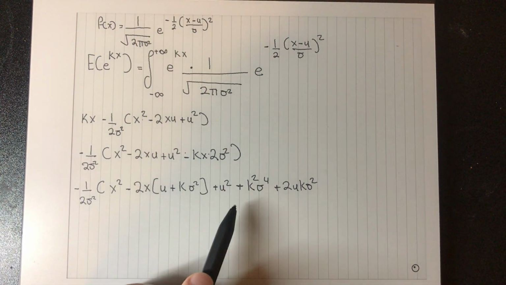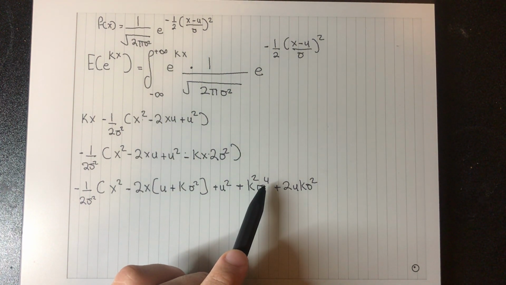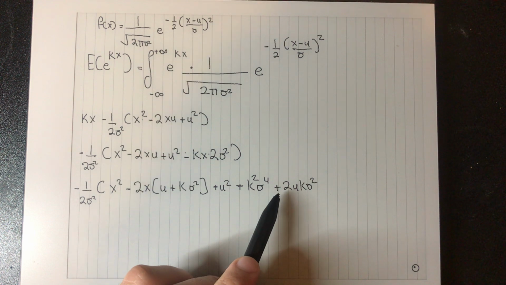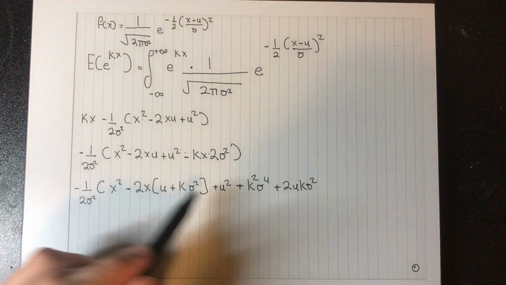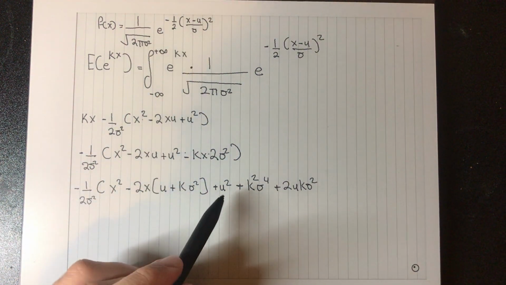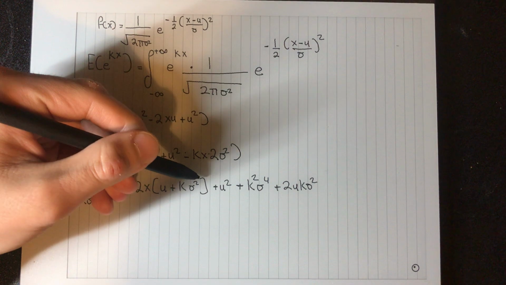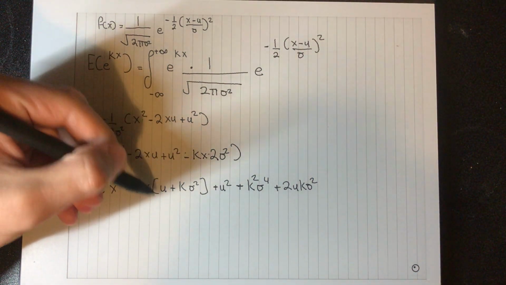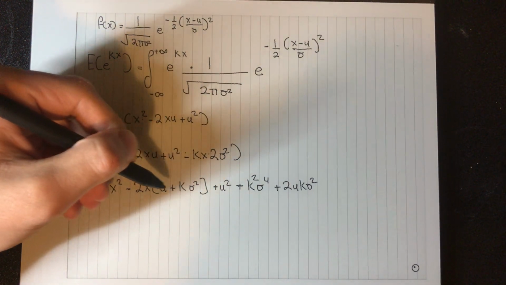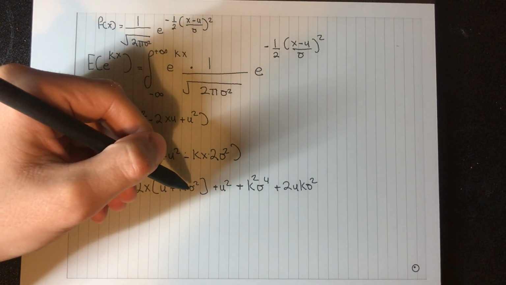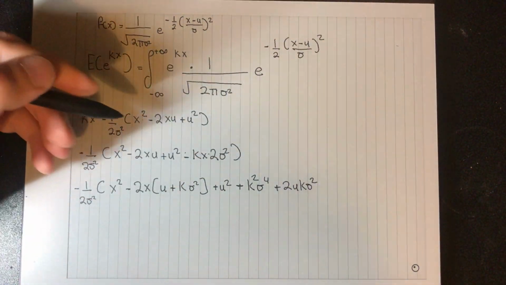So in order to complete it, I simply added k squared sigma to the fourth plus 2 mu k sigma squared, because that's from basic mathematics. If you want the square of this, then you have to have this squared, plus 2 multiplied by that component multiplied by that component, plus this component all squared.